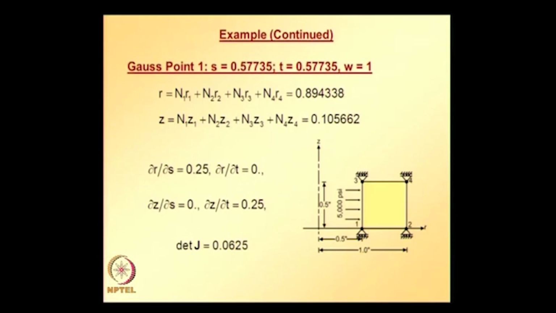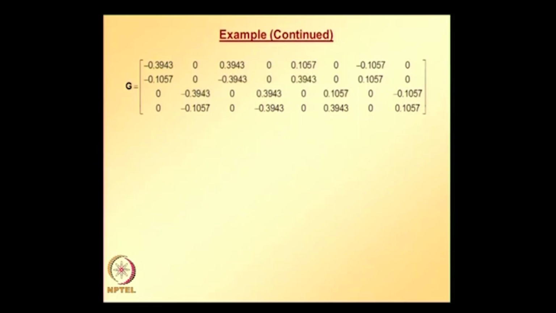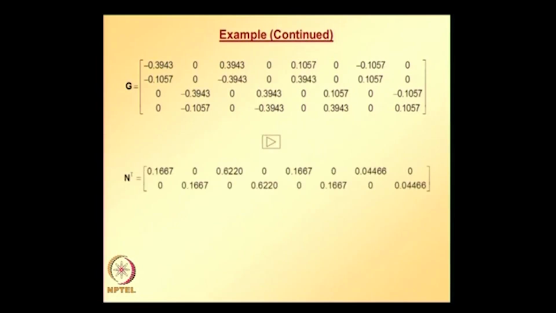So, with these partial derivatives we can get the determinant of the Jacobian, the A1 matrix, the G matrix, and the matrix consisting of the shape function values of all 4 nodes, the A2 matrix.